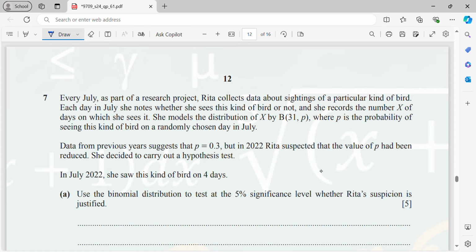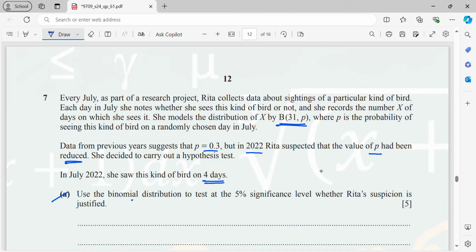She models the distribution of X by binomial with n equals 31, and P is the probability of seeing this kind of bird on a particular chosen day in July. Now, data from previous years suggests that P equals 0.3, but in 2022, Rita suspected that P had been reduced. She decided to carry out a hypothesis test. In July 2022, she saw this kind of bird on 4 days.